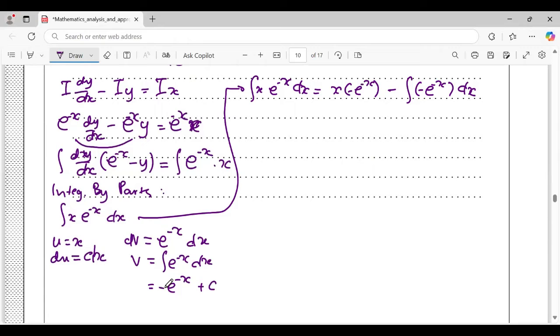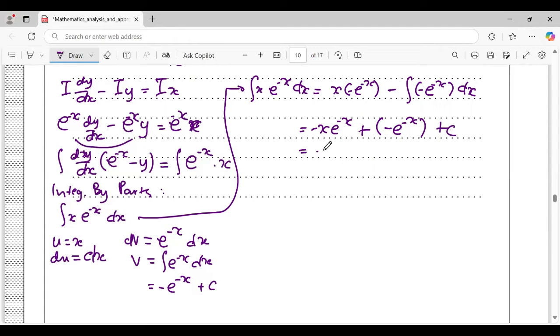This is v du. So it is minus x e power minus x, and minus minus becomes plus, so minus e power minus x plus c.